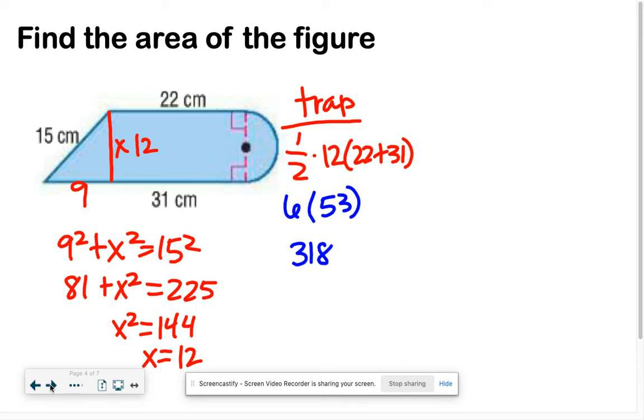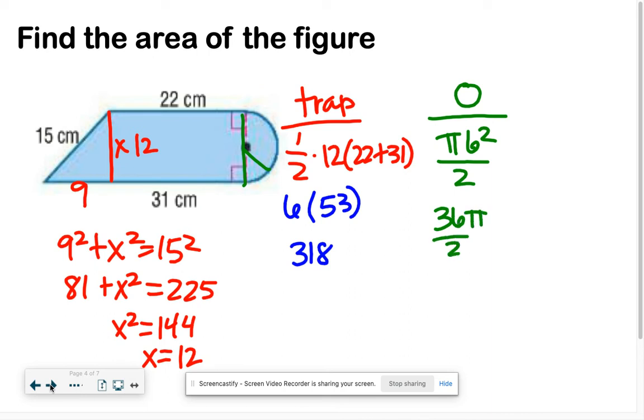Now we can find the area of the circle. So pi, what's our radius? The whole thing is 12, so your radius would be 6 squared, and then in the end divide by 2. 36 pi divided by 2 is approximately 56.5.